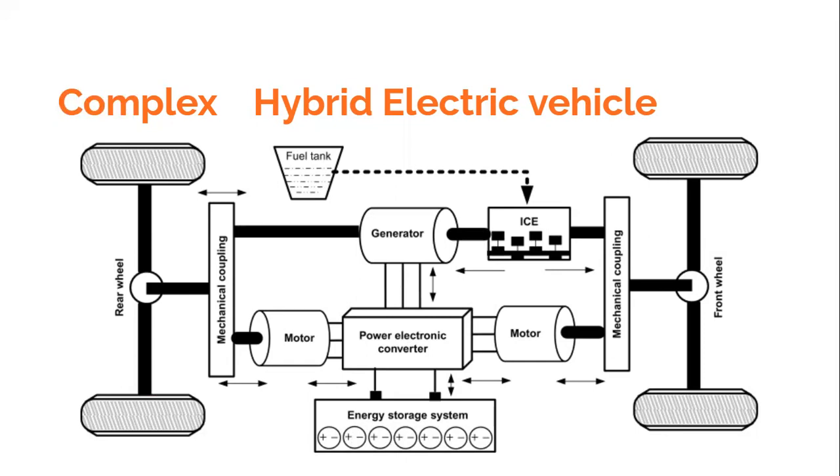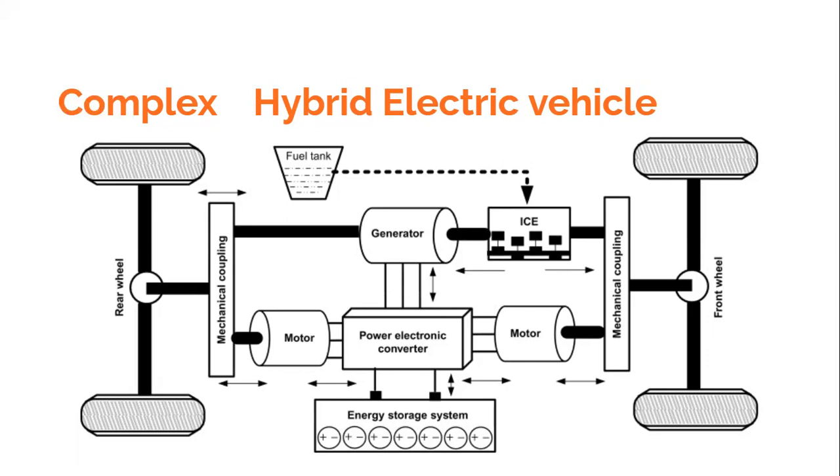So you are basically splitting the power, and this complexity, that is you are splitting the power into either driving the front wheel or the rear wheel, is the reason why you are calling it a complex hybrid electric vehicle.